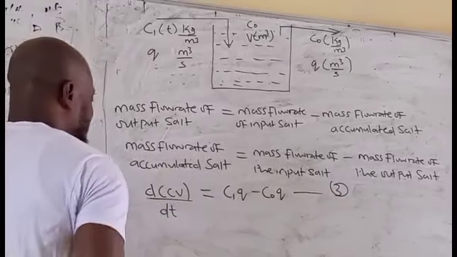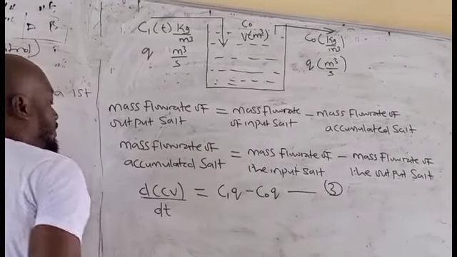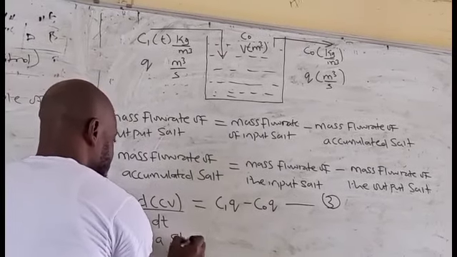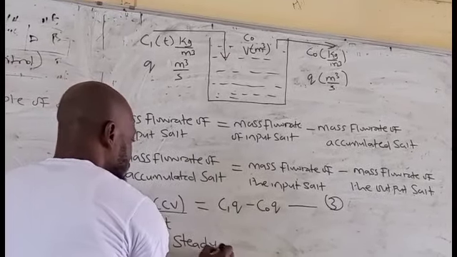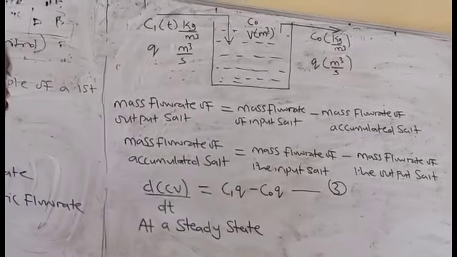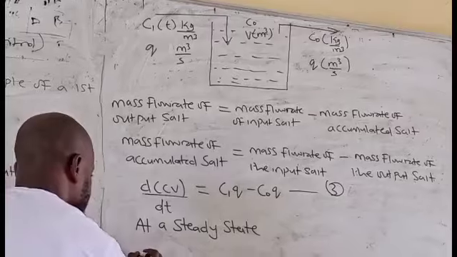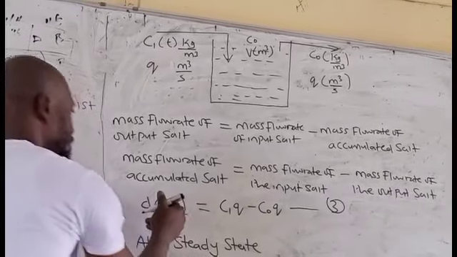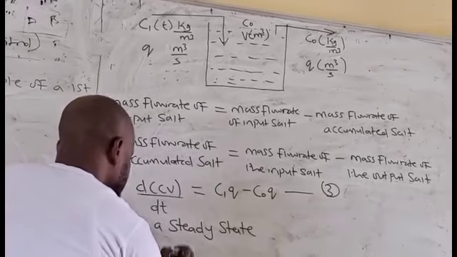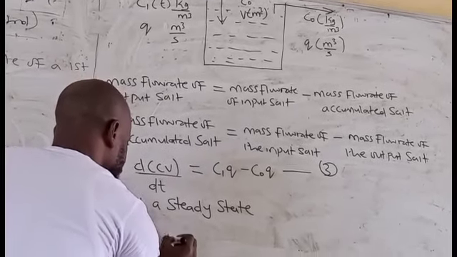Now we're going to look at it at a steady state. Then we'll have the equation like this: V d, instead of writing c, we'll now write c_s.